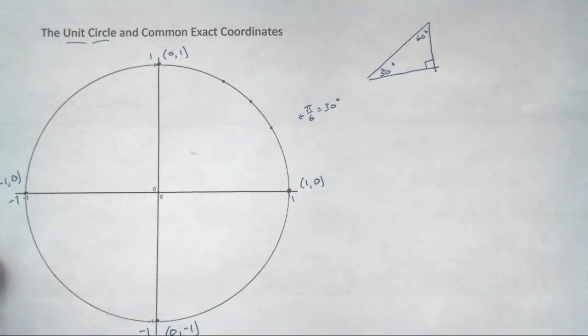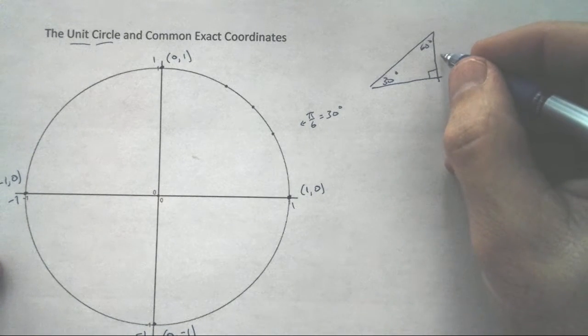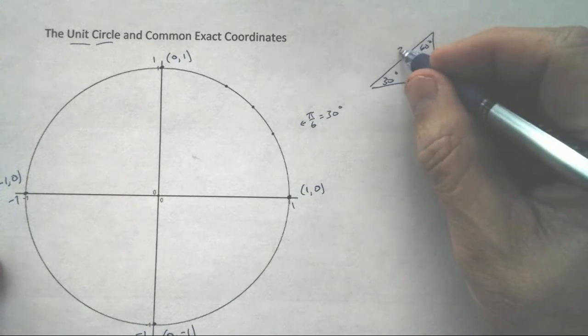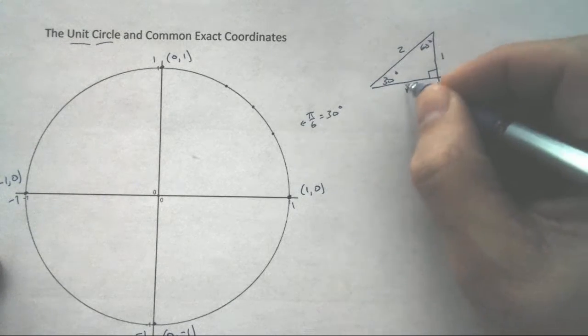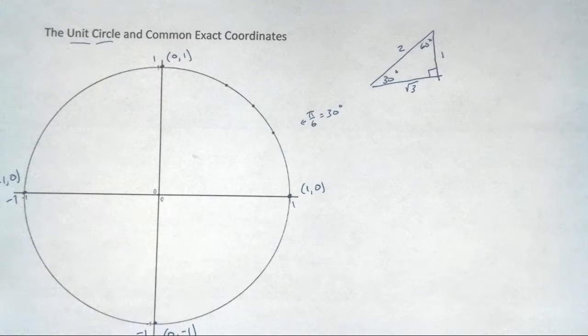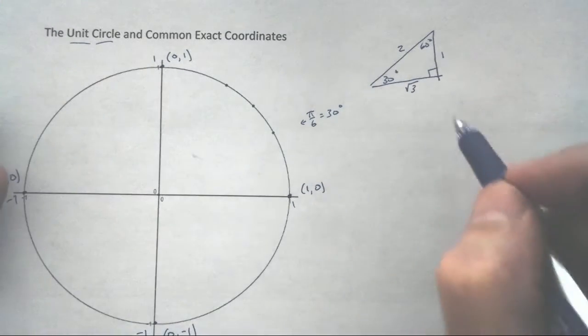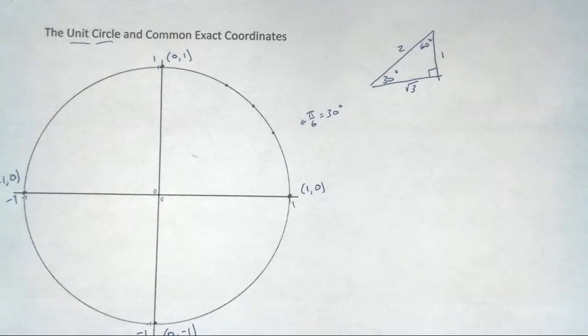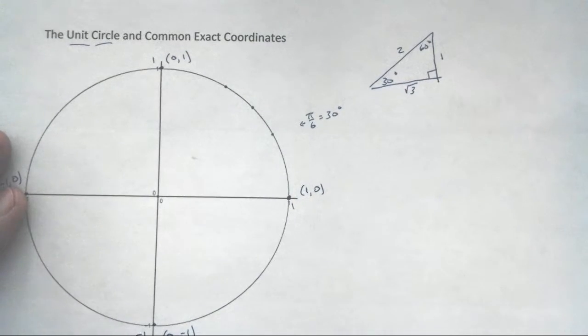Some values that we might commonly associate with that might be the short side is 1, the long side is 2, and the middle length, the longer leg, is square root of 3. That I'm assuming you've brought to this class with you. You can go through a Pythagorean argument with that. There's a lot of ways to get around that, see what's going on.